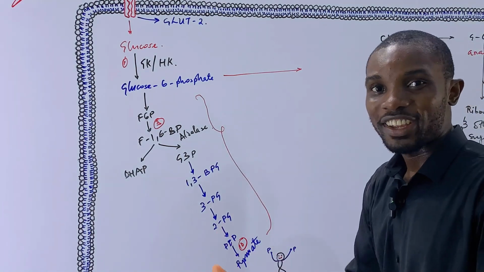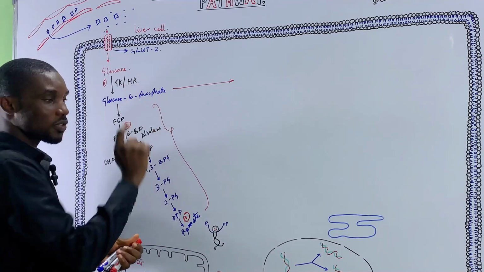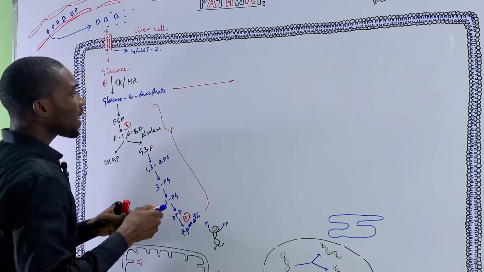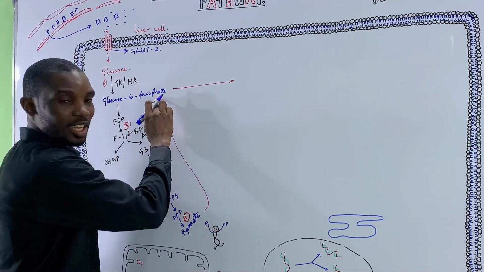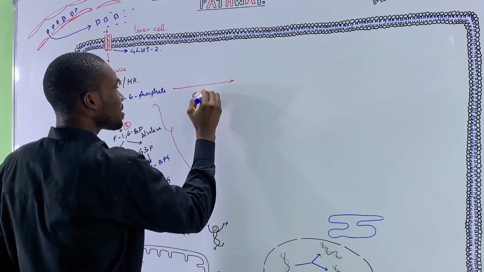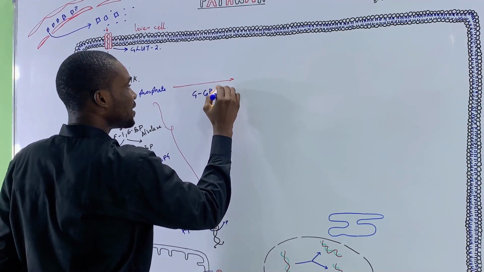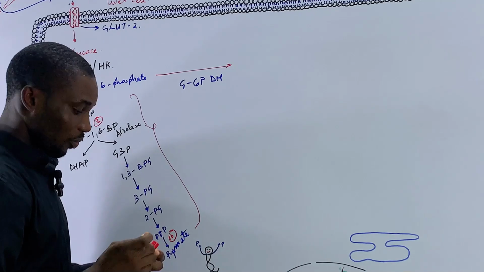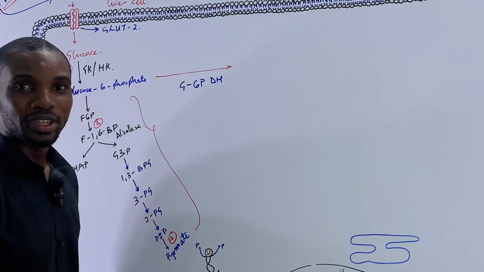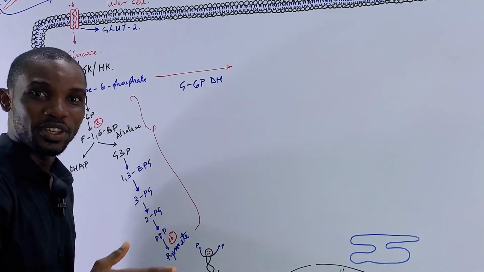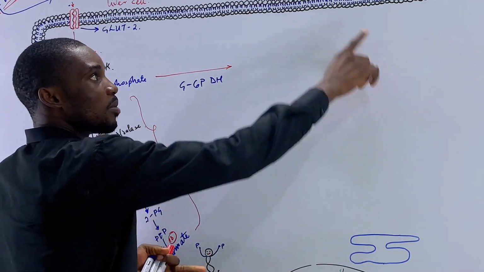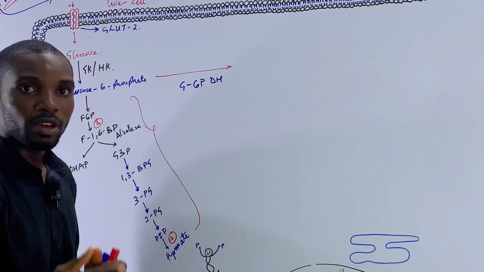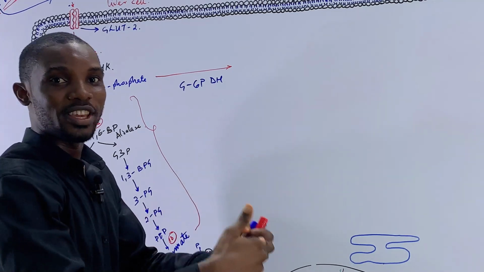Pentose phosphate pathway. So the glucose 6-phosphate could be acted upon by an enzyme known as glucose 6-phosphate dehydrogenase. Whenever you hear dehydrogenase, what comes to your mind? NADPH, right? NADH or NADPH. In the case of the PPP, that's your pentose phosphate pathway, we are discussing NADPH.